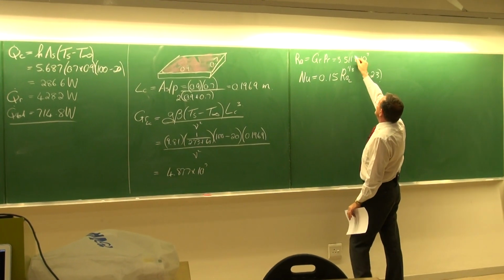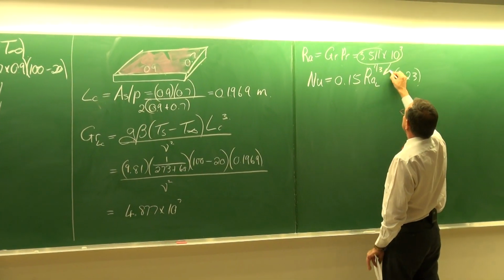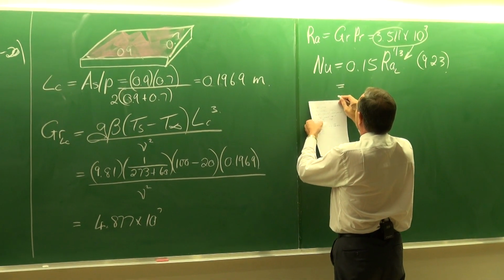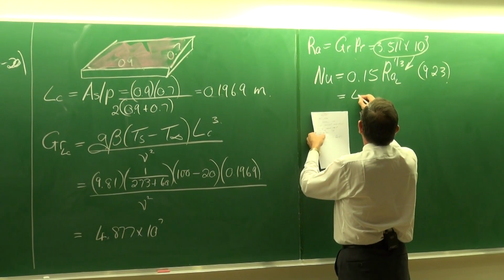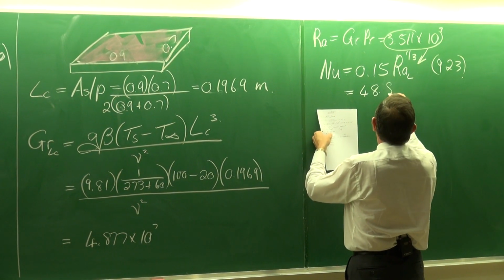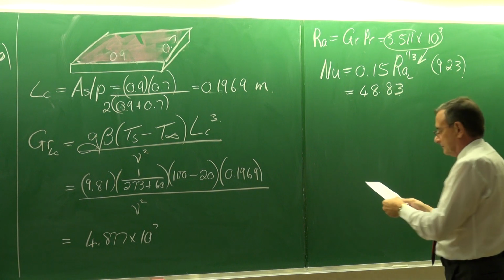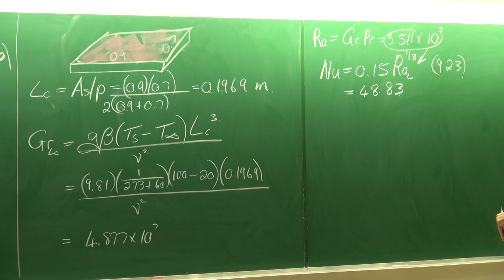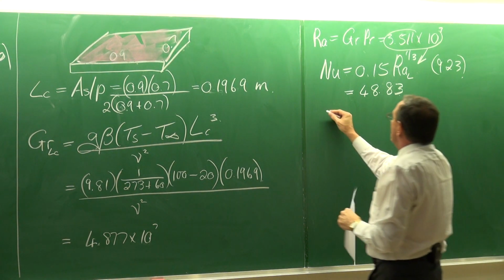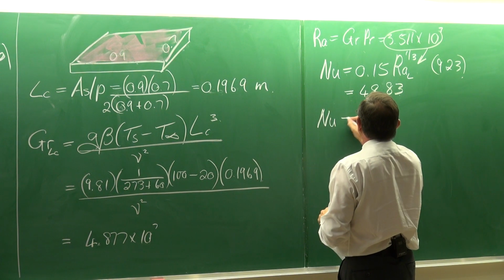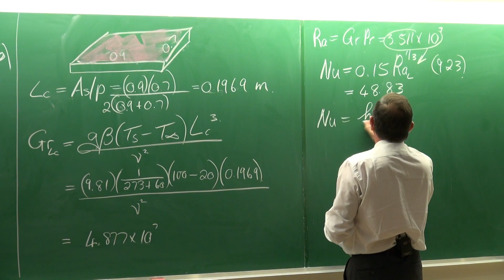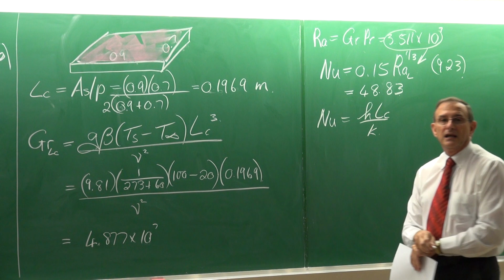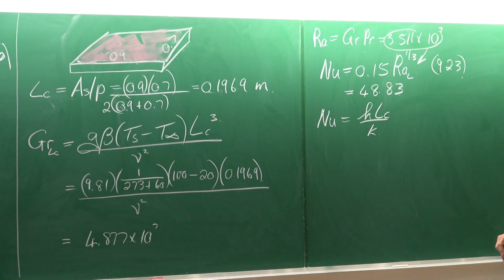So, we've got the Rayleigh number, there it is. We just need to substitute it in there, and from that we can get the Nusselt number, which is equal to 48.83. The Nusselt number is equal to the heat transfer coefficient multiplied by the characteristic length divided by the thermal conductivity.